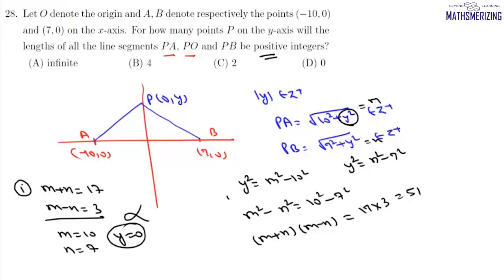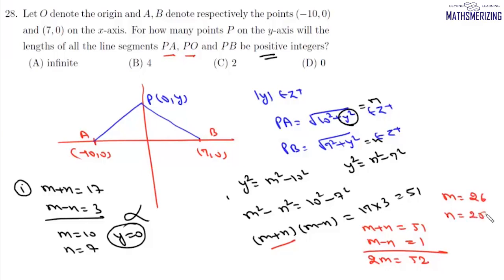Now we'll have the second case when m + n is 51 and m − n is 1. Now we'll add them, we'll get 2m equals 52. So the value of m will be 26, and value of n will be 25.